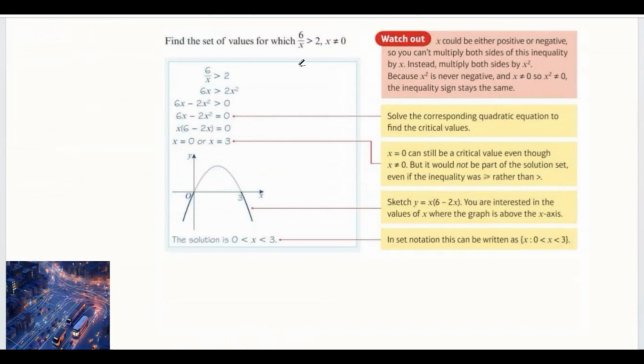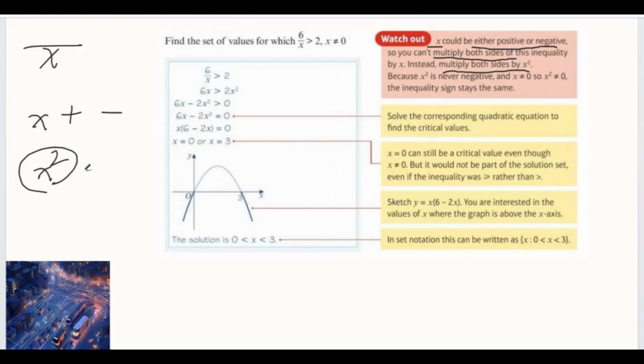A special case is when we divide by x. Because x can be either positive or negative, we can't multiply both sides of the inequality by x. Instead, we multiply by x squared, because x squared is always positive, and multiplying by a positive doesn't change the sign of the inequality. So looking here, 6 over x is greater than 2, and we multiply each side by x squared.